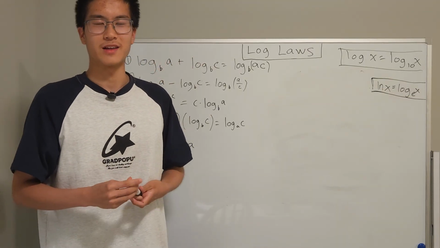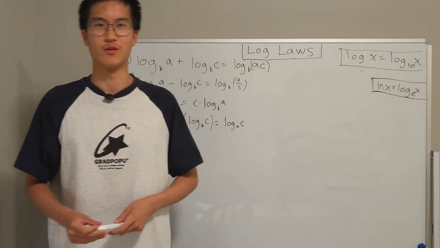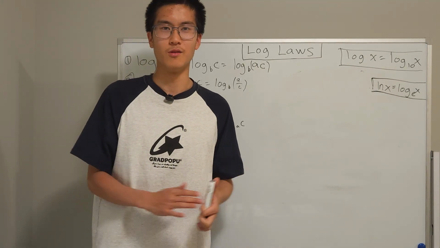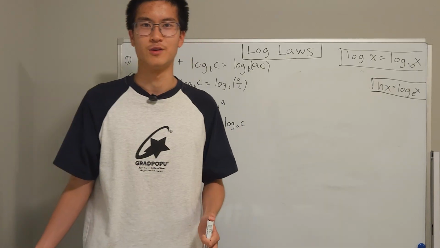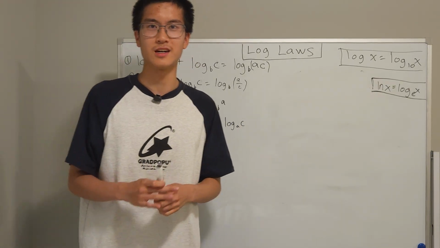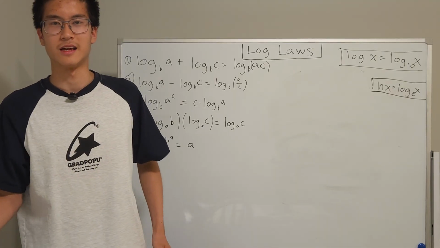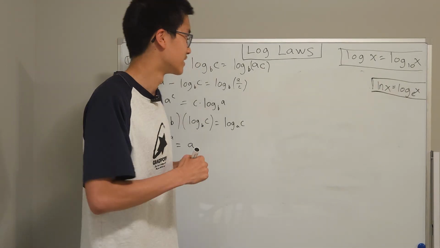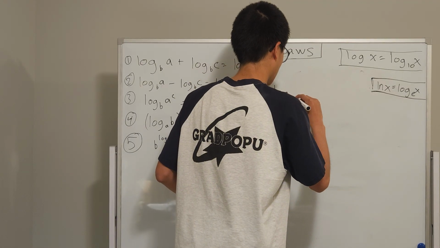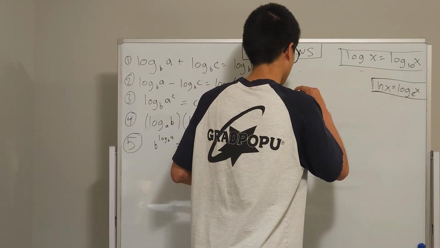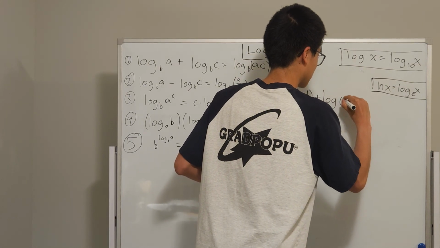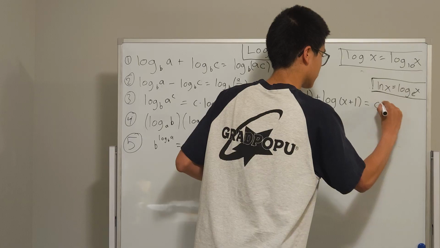What I mean by this is that sometimes when you solve logarithmic equations, you get a bunch of values of x, but not all of these values will actually satisfy the logarithmic equation, because logarithms have a restrictive domain. So what is an example? We have log base 10 of x minus 1 plus log x plus 1, let's say equals 0.